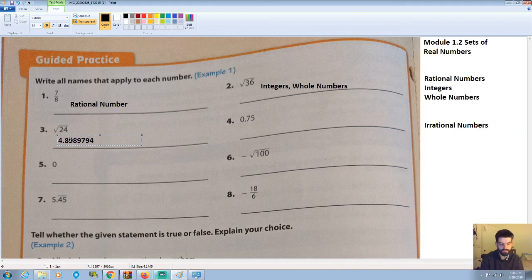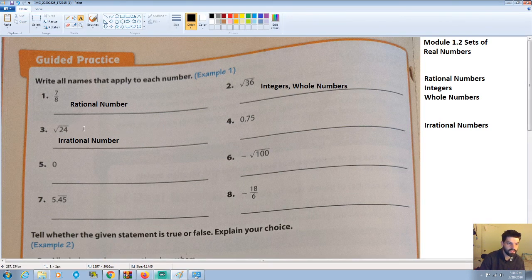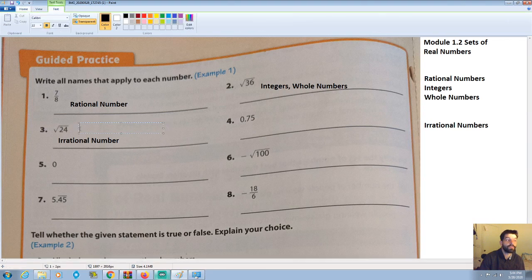So as you can see, there's no pattern to this that repeats. It doesn't show that it will terminate at any time. So this is going to be an irrational number. So remember, irrational numbers are numbers that cannot be expressed as a ratio of two integers or whole numbers.